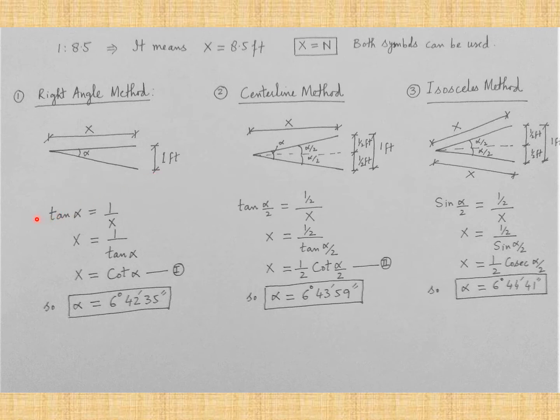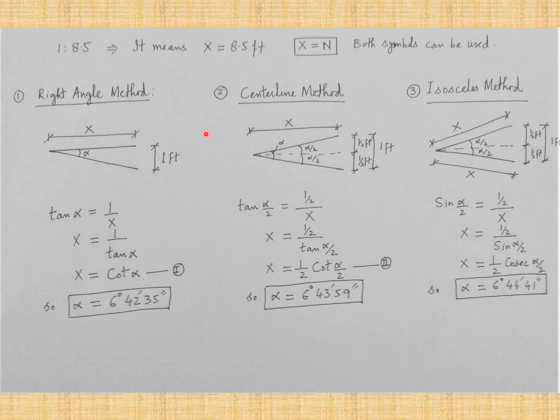Tangent alpha is equal to 1 over X, so X is equal to 1 over tangent alpha, so X is equal to cot alpha. If you plug in the X value, you get alpha, the crossing angle, that is 6 degrees 42 minutes 35 seconds.